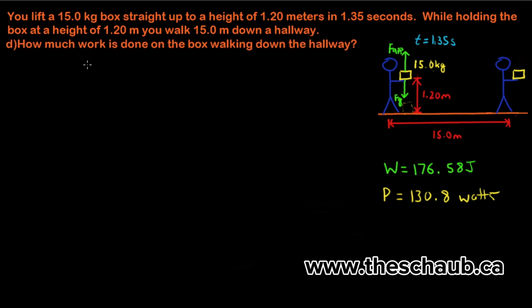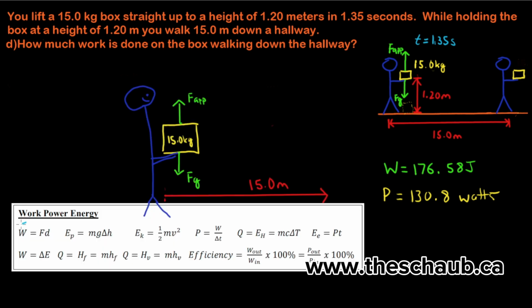In part D, we're asked how much work is done on the box walking down the hallway. So this is after the box is picked up, how much work is done walking it 15 meters down the hallway. To answer this question, let's blow up our diagram of our box right here. Remember from earlier that the equation for work is equal to the force multiplied by the displacement. But as we discussed earlier, we're only doing work if our orientation of our force and our displacement is in the same direction.